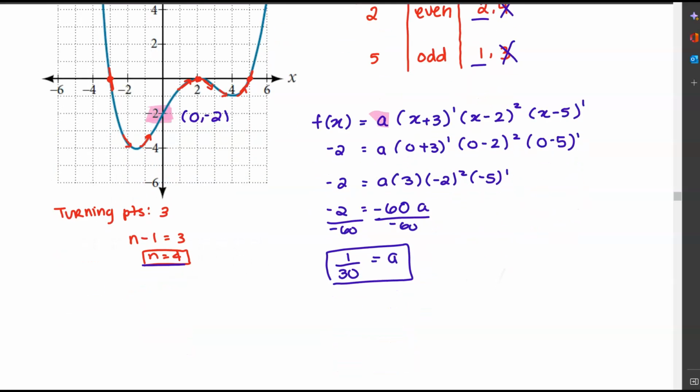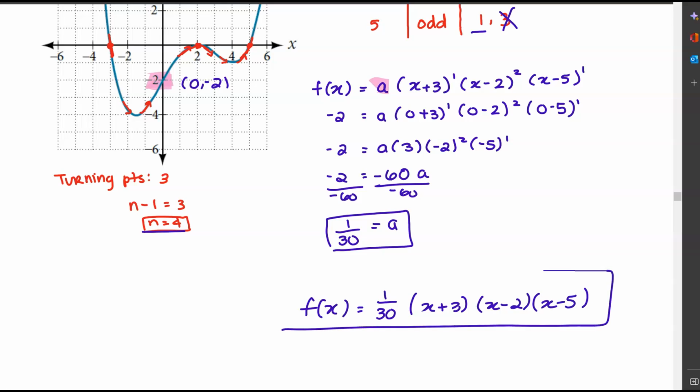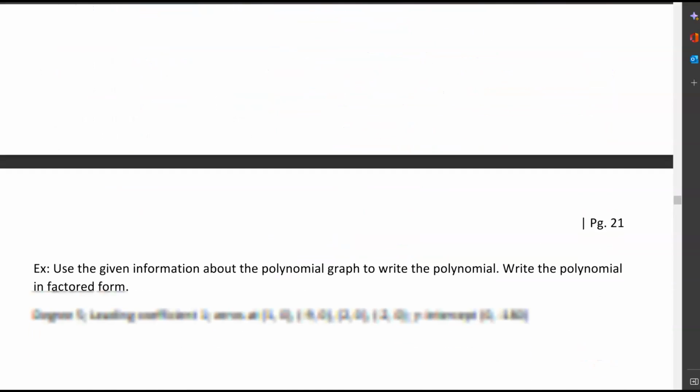So this means that our polynomial function is going to be f of x is equal to 1 over 30 times x plus 3, x minus 2 squared, and x minus 5. And that's it. Okay. That's it for that one.